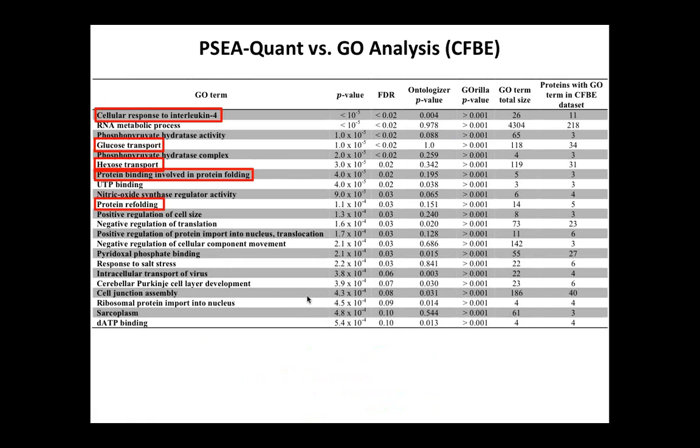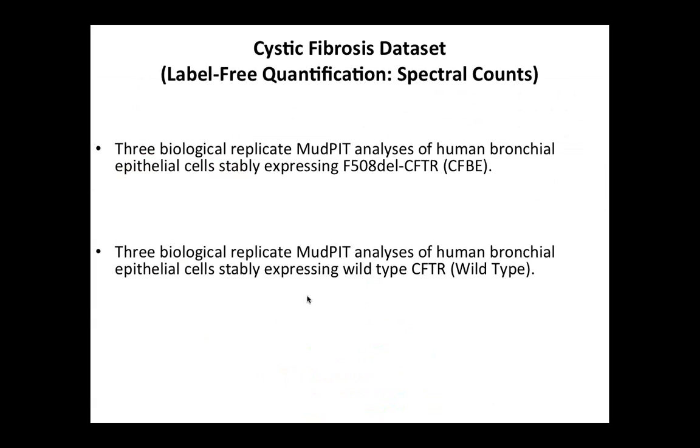The mutation I was referring to on the protein CFTR involved a misfolding of CFTR, so again, that was very interesting. And a response to salt stress: if you're familiar with the CFTR mutation, you will know that the sodium channel of the cell is disrupted because of the misfolding of the CFTR protein. So all of these GO terms were very much linked to CFTR and not identified by any GO analysis tools.